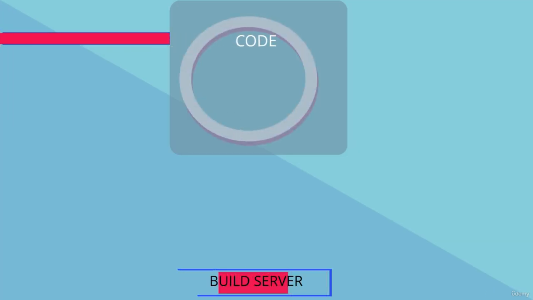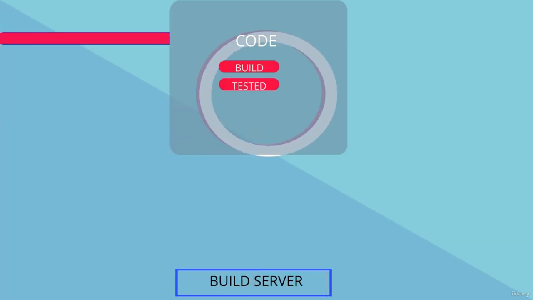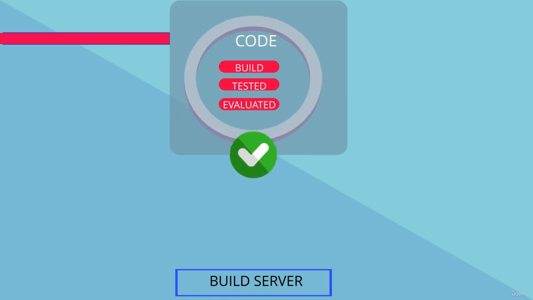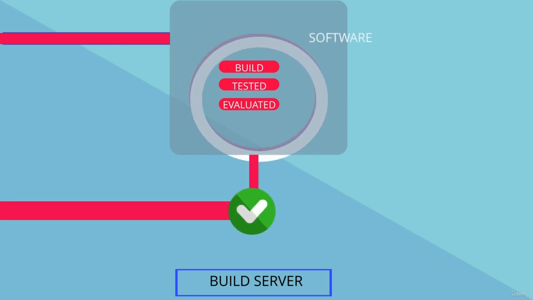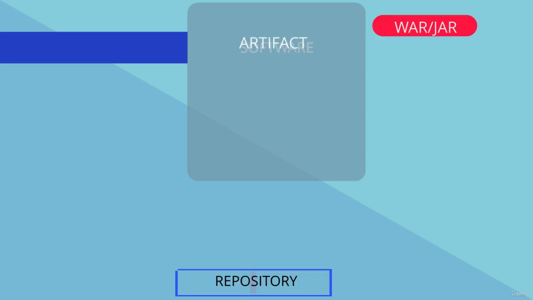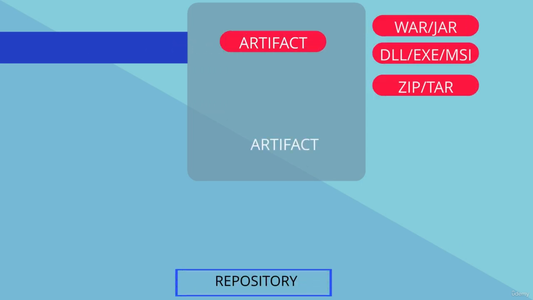So again, build and test new changes. If it's good, then it can be versioned and stored in a software repository. And it's all automated. Like this, any defects can be caught as soon as it's merged with the code.